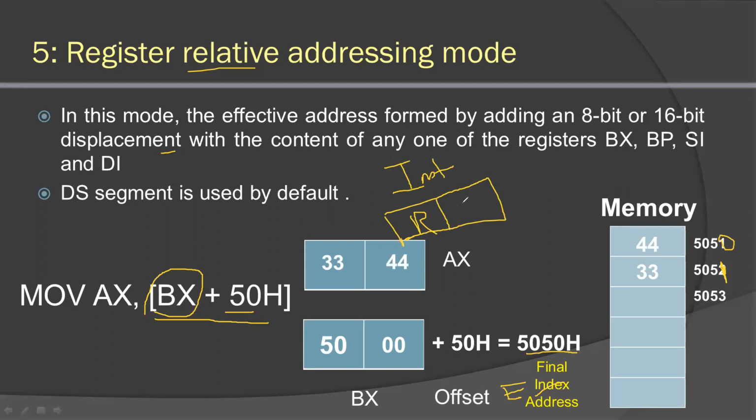This displacement value can be of 8 bit or 16 bit displacement. मैंने D से represent कर रही हूँ यहाँ पे 16 bit displacement value. Then to form final address, what we need, we will take the value of register, we will take this displacement value, we will add these two values to form final effective address.